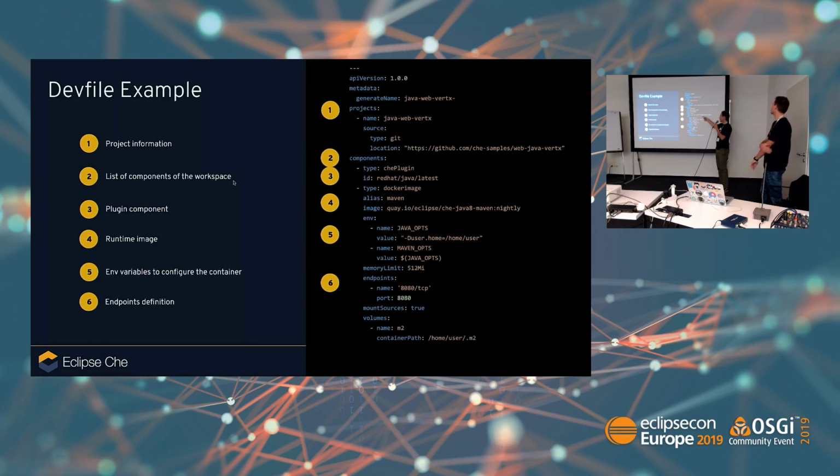Usually in a pod, you have a lot of stuff like the environment variables that will be injected inside your container, and you can also have other kinds of things, like if you want to mount the source code inside your container. So the source code will be the source code that you have cloned here. Then you have volumes for persistency. And then you can also set the memory limit. Otherwise, we'll set the default one.